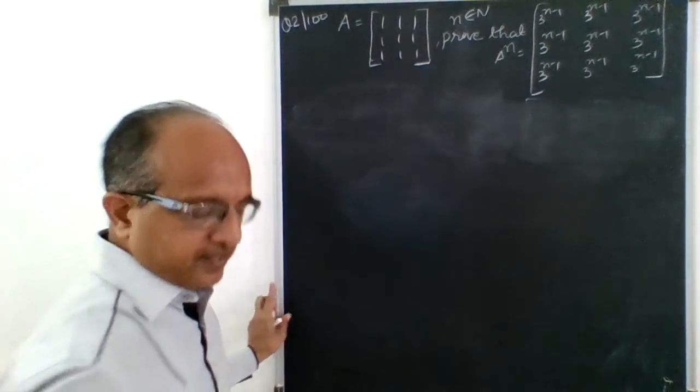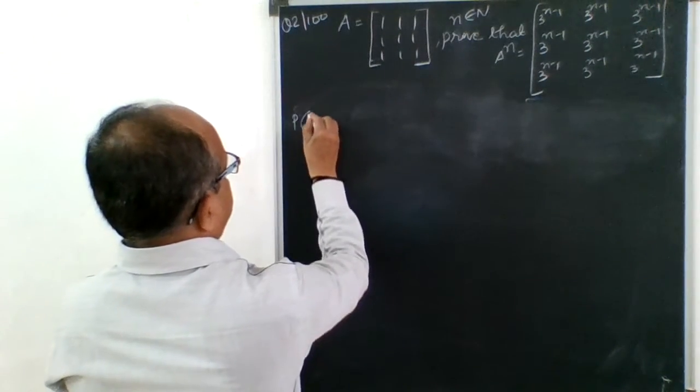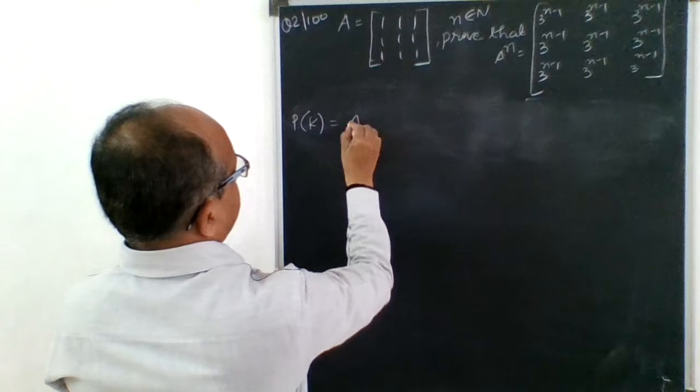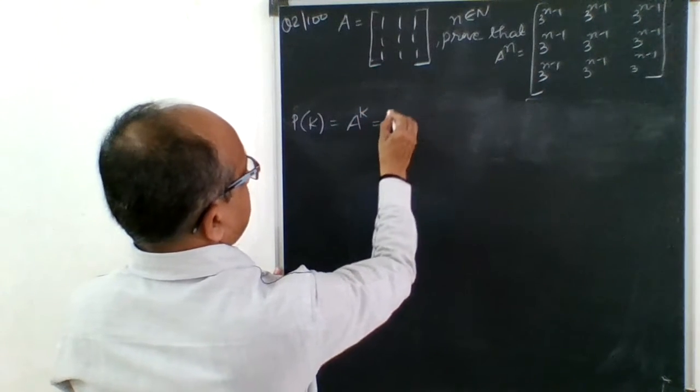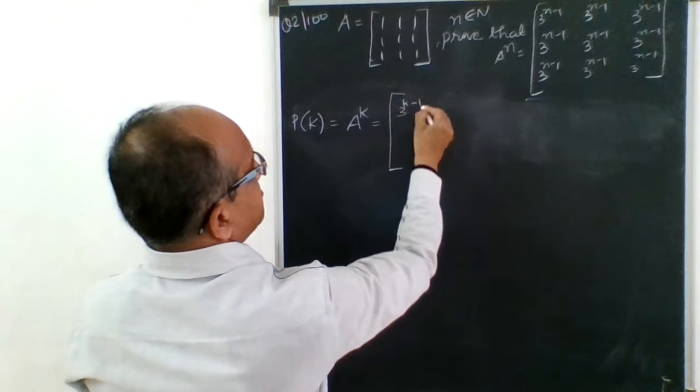So let us consider that for P of k it is true. So P of k is A raised to k, which becomes 3 raised to k minus 1.